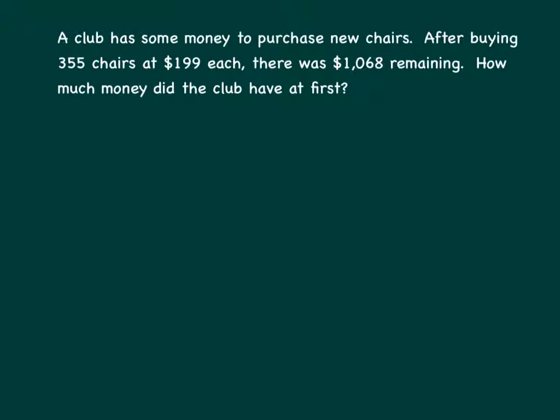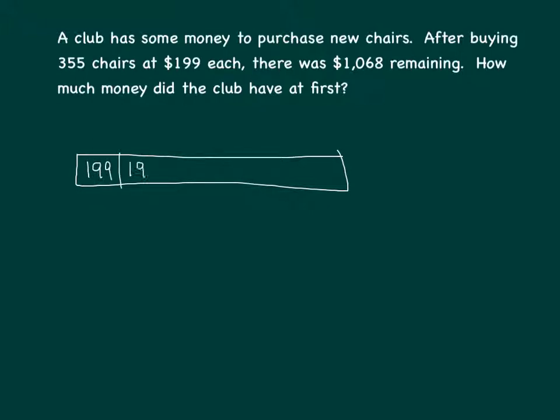So one chair was $199, and we had 355 groups of that. Of course, I'm not going to do 355 units here, so I'm just going to do dot, dot, dot, so on and so forth, all the way up to 355 of them.